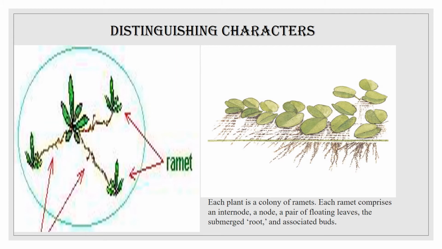Also, a distinguishing character of the family Salviniaceae is that it contains a rosette. Each plant is a colony of rosettes of the plant Salvinia, and each rosette comprises an internode, a node, a pair of floating leaves, the submerged root, and associated buds.